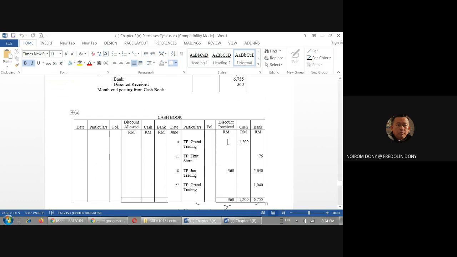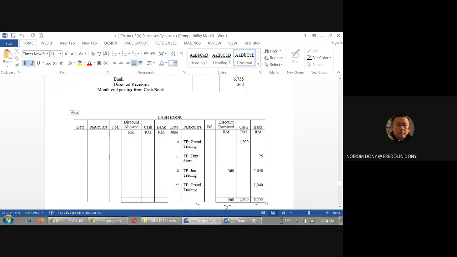But at this stage, when we record according to the transactions on the 4th, the 11th, the 18th, and the 27th, this detail recorded in the cash book is not regarded as a credit entry yet. Can you get what I'm saying? It is regarded as a prime entry. Prime entry is a listing. So we list down on the credit side of the cash book. It's not a credit entry yet.